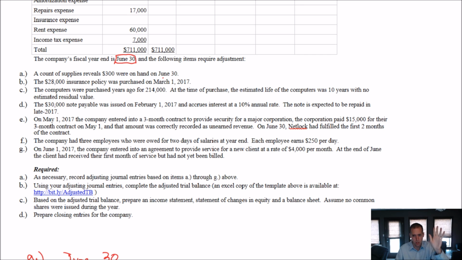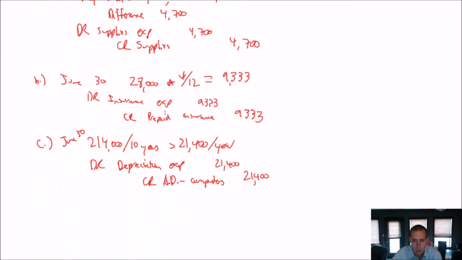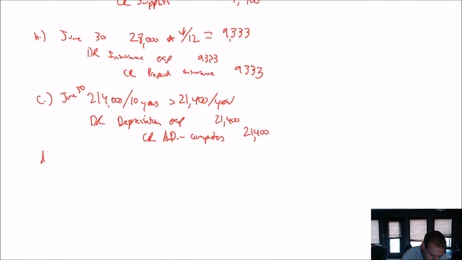My counting is just terrible. February, March, April, May, June. 5 months. So let's do the math here. We have a $30,000 note. It pays 10% interest, so 30,000 times 10% is 3,000. And we have the note outstanding for 5 out of 12 months. That's $3,000 a year.